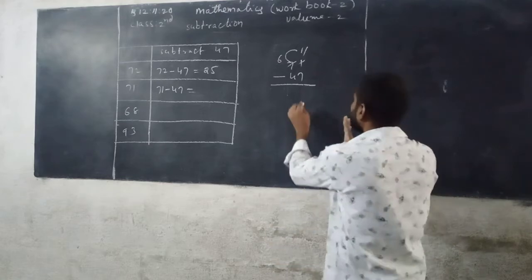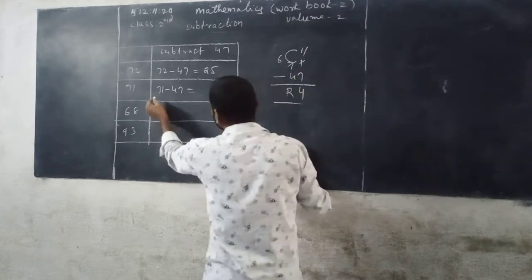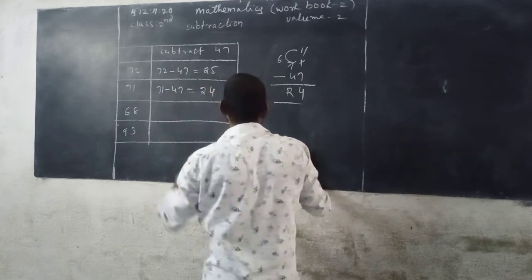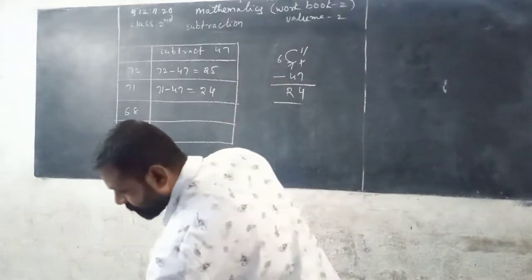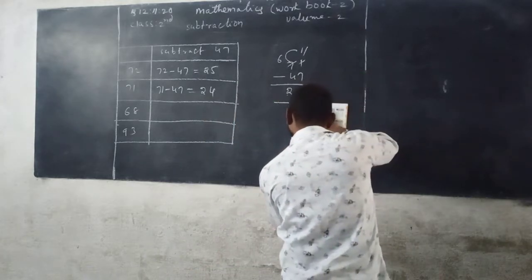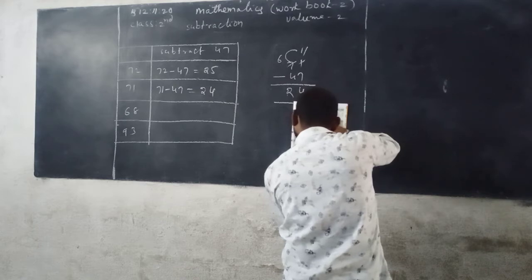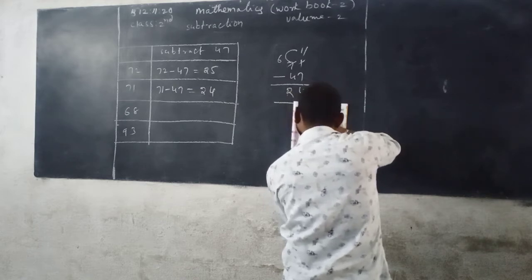So you can get 4. Now 6 minus 4, you can get 2, so 24. 71 minus 47, you can get 24. Write down, everybody.